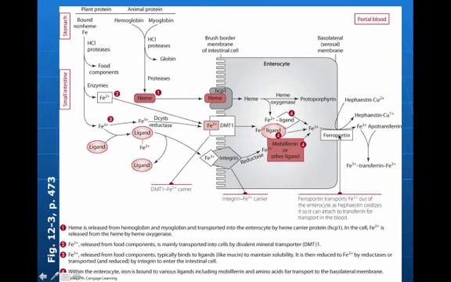Another one is at ferroportin. And as you would suspect, in general, as a person becomes more iron adequate, ferroportin activity goes down. As a person becomes iron deficient, ferroportin levels go up.